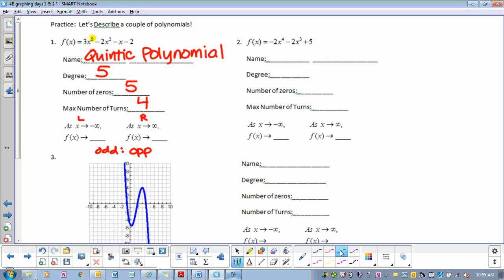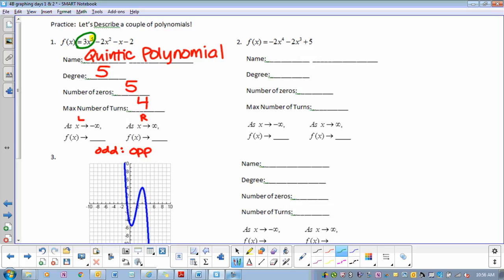So guys, here's what we're going to do. We need to find our right end behavior. Go and get the term that has your biggest exponent. Look at the number in front of it. Do you see a negative? Is that 3 a negative or a positive? It's a positive, right?